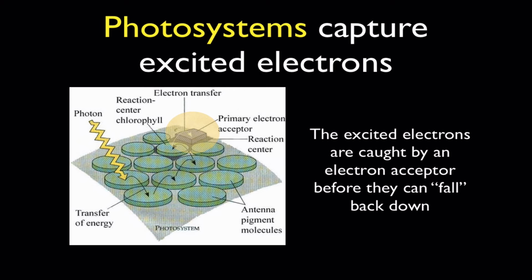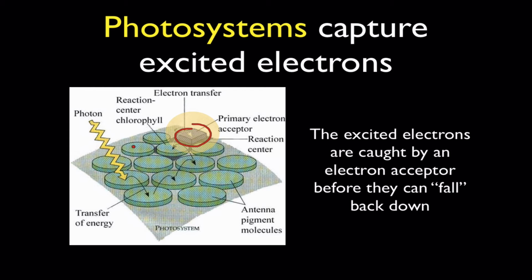Green plants build their chlorophyll molecules and other pigment molecules into something called photosystems. And photosystems capture photons of light shining on them and energize electrons, just like we saw. But these excited electrons are passed from receptor to receptor within the photosystem until finally they gain enough energy to be accepted by something called the primary electron acceptor in an area called the reaction center.